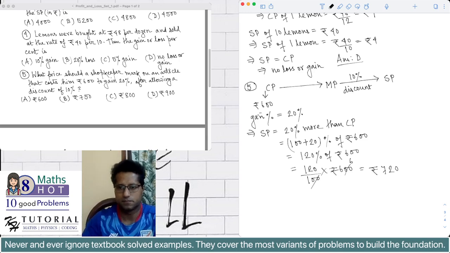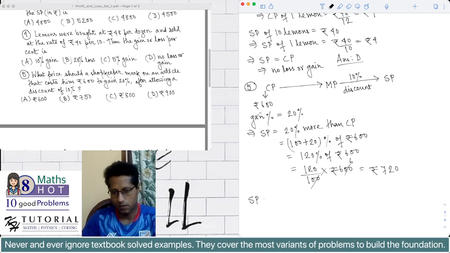Now we know the selling price and the percentage of discount, so we can easily find the mark price. The selling price will always be 10%, the discount percent, less than the mark price.